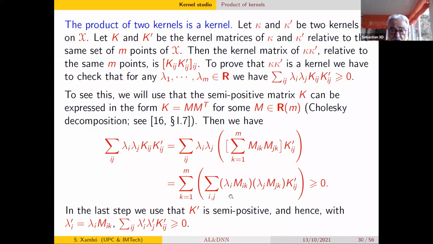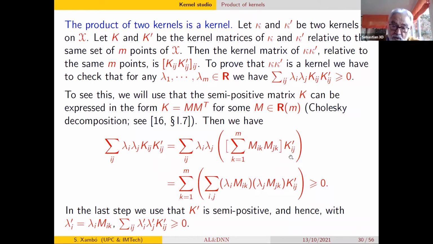The argument is here in these red formulas. So you decompose this sum, sum with lambda i, lambda j, but now you express the K ij and the K prime ij in terms of the M. Since on the right-hand side is the transpose, you are going to have M ik, M jk. If it was not transposed, it would be the other way around. So you have this times K prime ij.